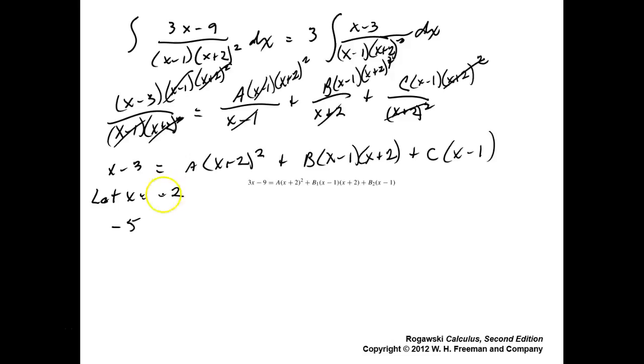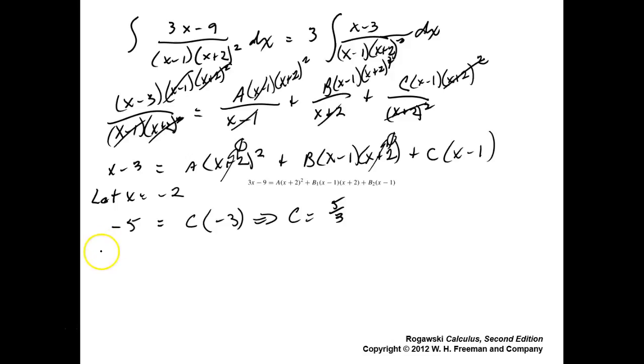When x equals negative 2, that goes to 0 and that goes to 0, so you're left with simply C times negative 3. So this implies that C is equal to 5/3. Nice pretty fraction. Don't you love them?